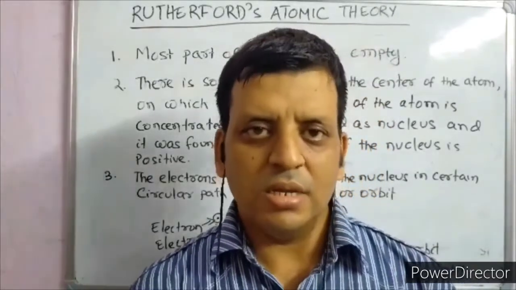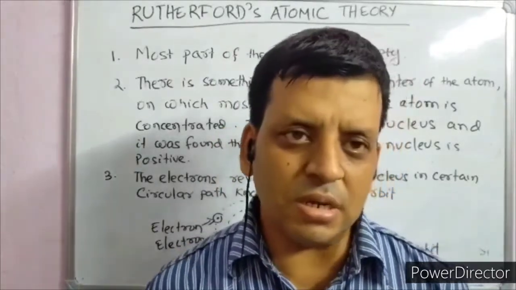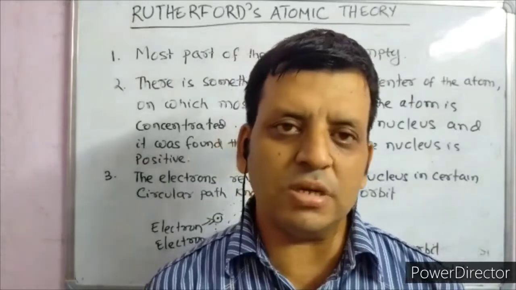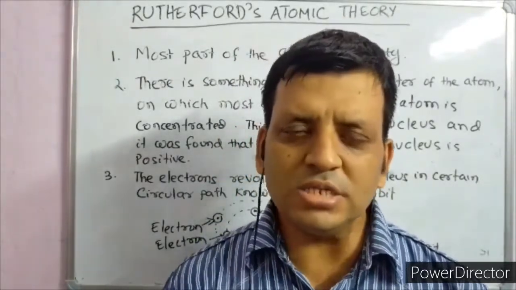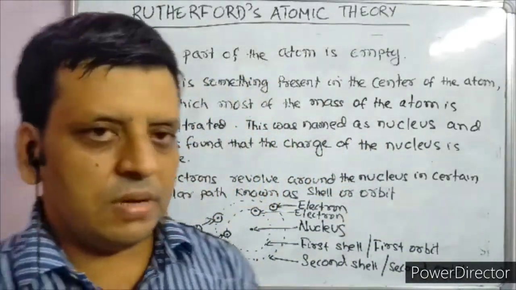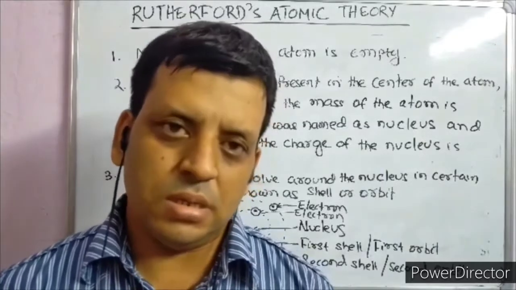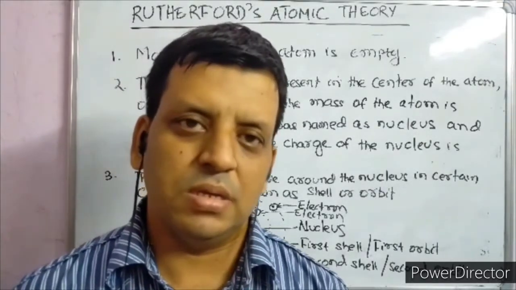Yes, that is correct. There is the presence of something at the center of the atom on which most of the mass of the atom is concentrated, and that was named as nucleus. And it was found that the charge of the nucleus is positive.